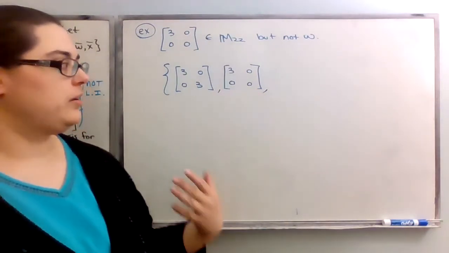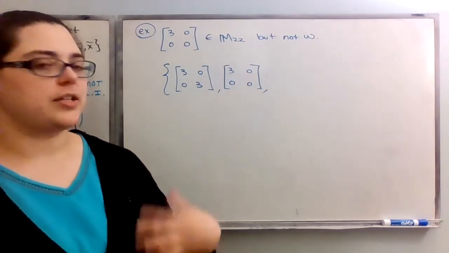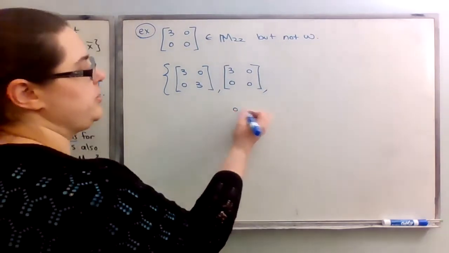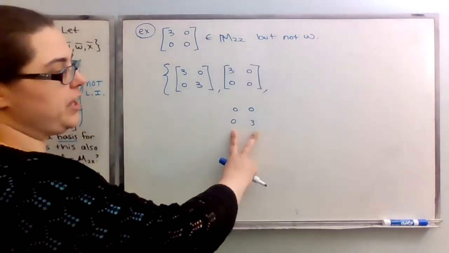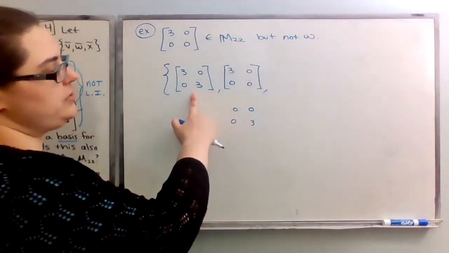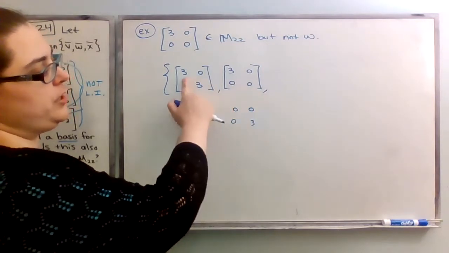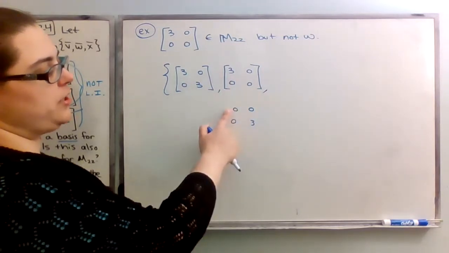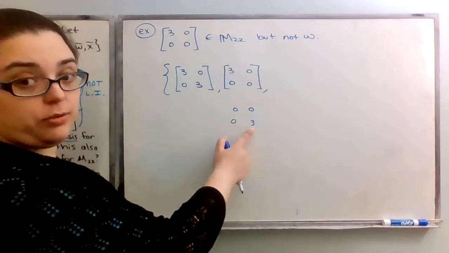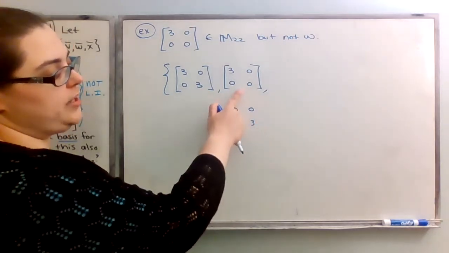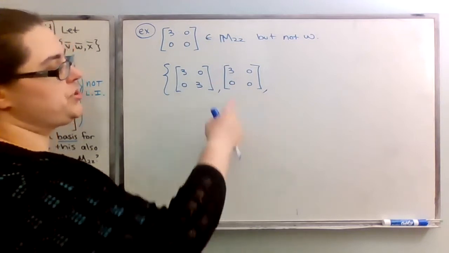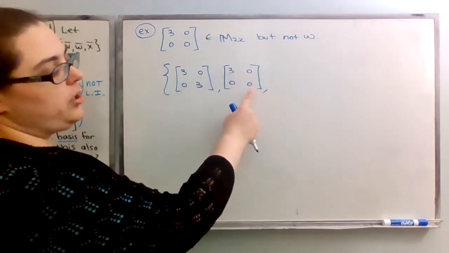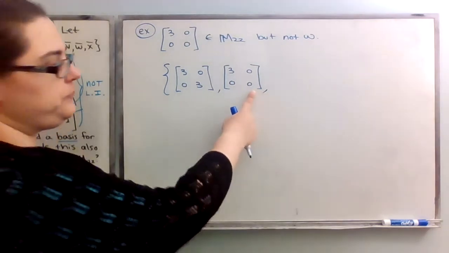For example, if I wanted to get the matrix 0, 0, 0, 3, I could do that now by taking one of these minus one of these. So those would cancel out to give me the 0, but this would remain to give me that 3. So by tossing in this matrix, I've gotten not only matrices of the form with the top left, but also matrices of the form with the bottom right.